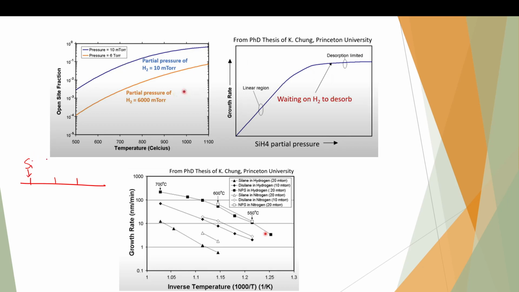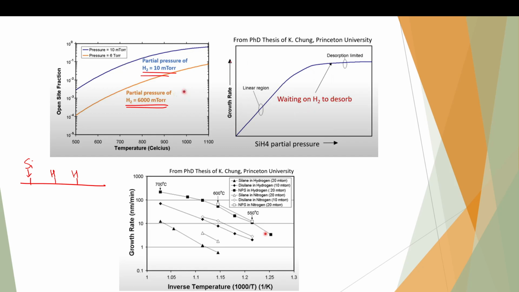But if the hydrogen is passivating these sites, then there are fewer open sites, and we see that as the temperature is increasing, the hydrogen adsorbing on these sites is increasing. That's why the open site fraction is reducing, and for a higher partial pressure of hydrogen, we see that there are even fewer open sites. So that is not good for us for depositing silicon, because that will limit the silicon deposition rate.